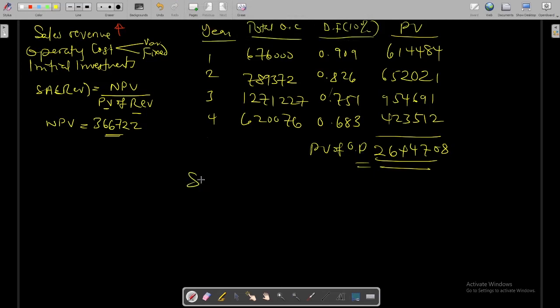Okay, now the sensitivity analysis of operating cost is equal to the NPV over the PV of operating cost.